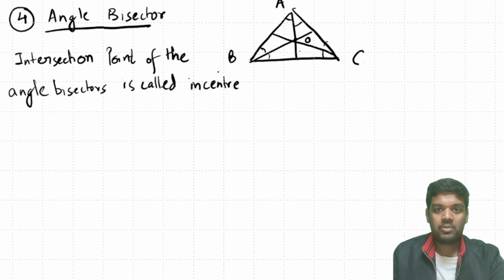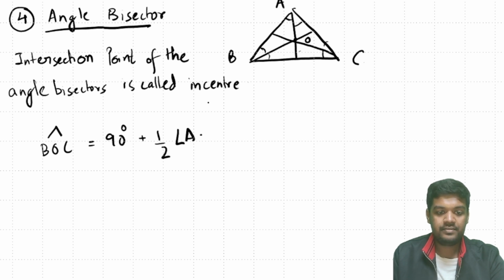Here also there is a unique property of incentre. So angle BOC equals 90 degrees plus half into the vertex angle, which is angle A.